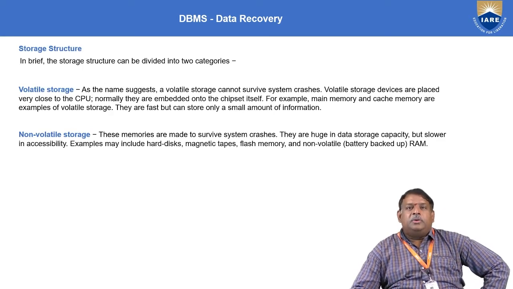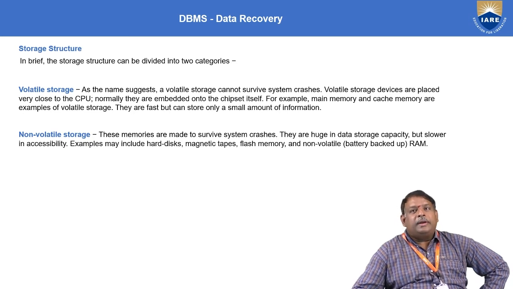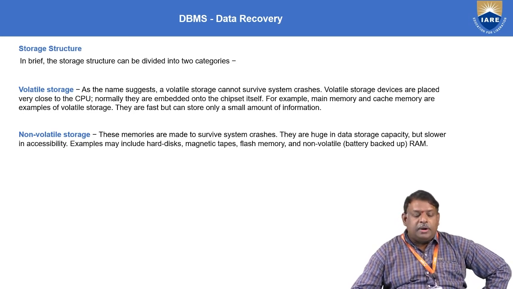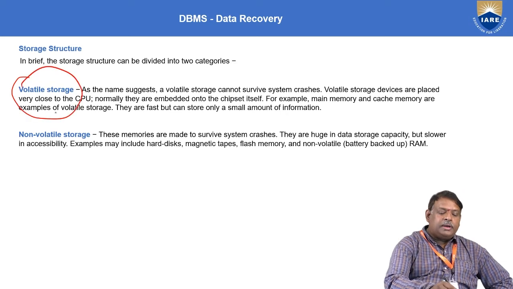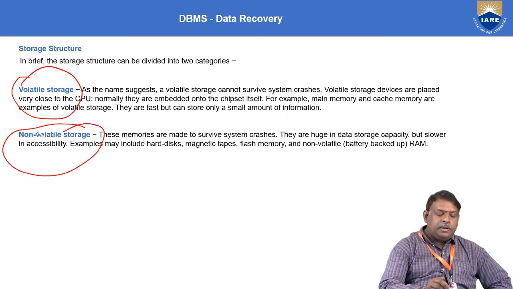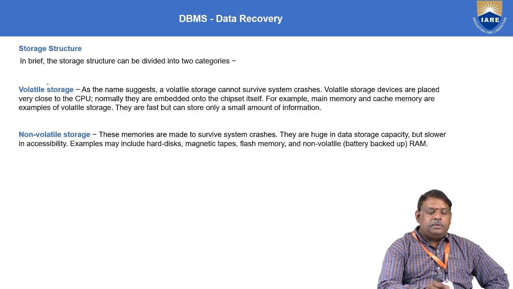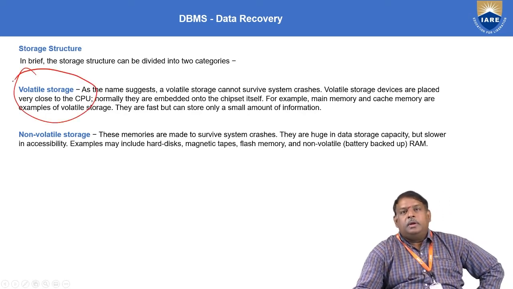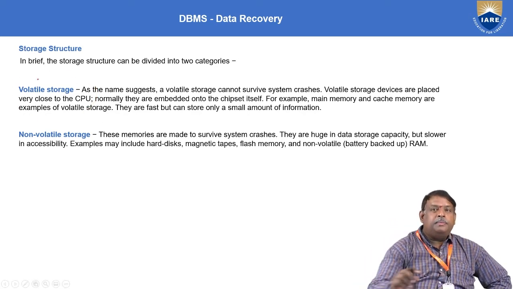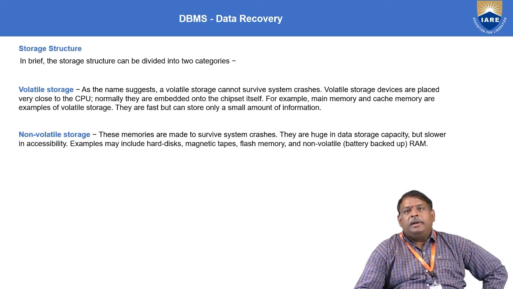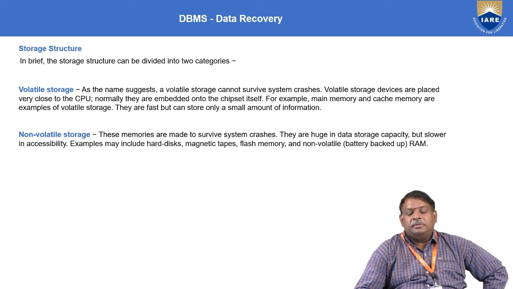In brief, the storage structure can be divided into two categories. One is volatile, the second is non-volatile. First, see the volatile storage. As the name suggests, volatile storage cannot survive system crashes. Volatile storage devices are placed very close to the CPU.